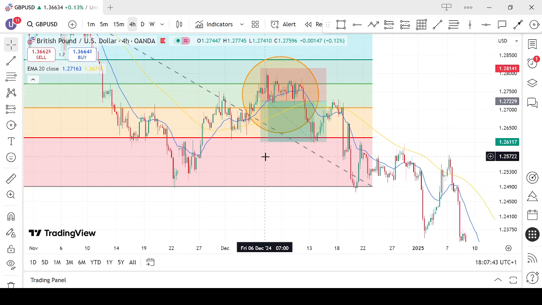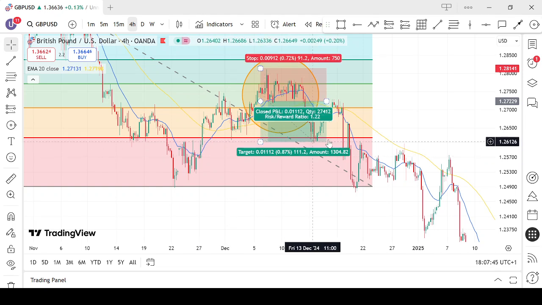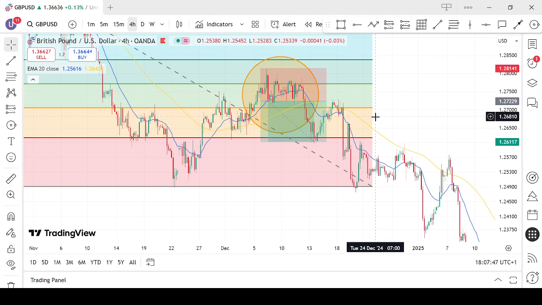You can also use 1.5 times average true range to account for normal volatility. Remember, size your position so that a stop loss would not cost more than 1 to 2% of your trading capital. Your total capital, you don't risk more than 1 to 2% of your trading capital.